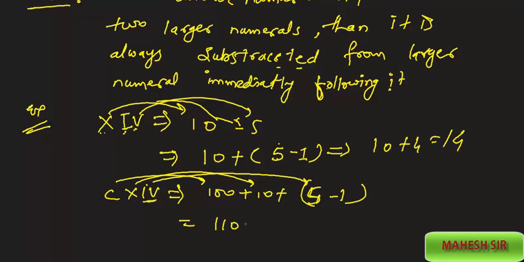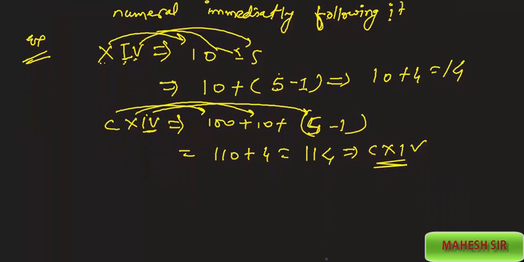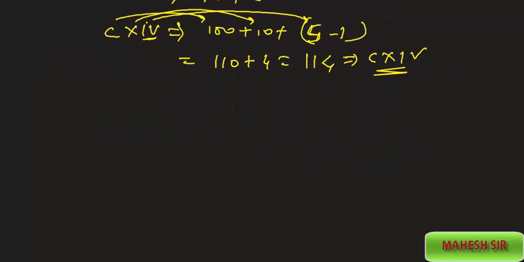So this is CXIV. Clear? So in this way we can write all the Roman numerals, or we can convert all the Roman numerals easily. Now to clear more about it, I am taking a few examples, to convert from Hindu Arabic numerals to Roman numerals and Roman numerals to Hindu Arabic numbers.